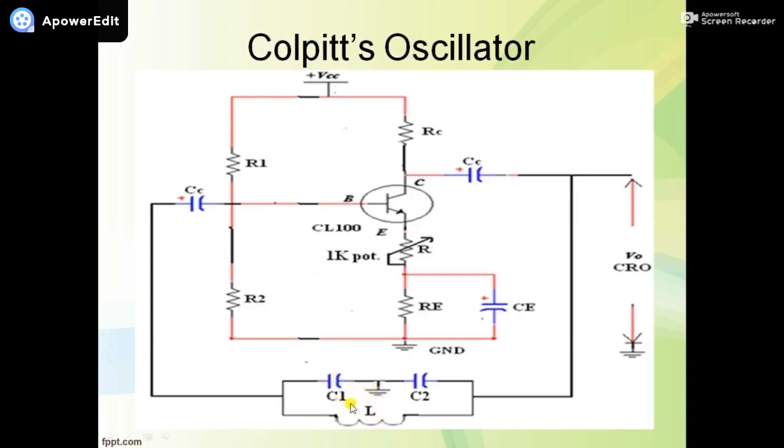When the capacitors C1, C2 are charging, the current is flowing towards the inductance. When the current flows towards the inductance, the inductance becomes charging condition, and at that time both C1, C2 become discharging condition.